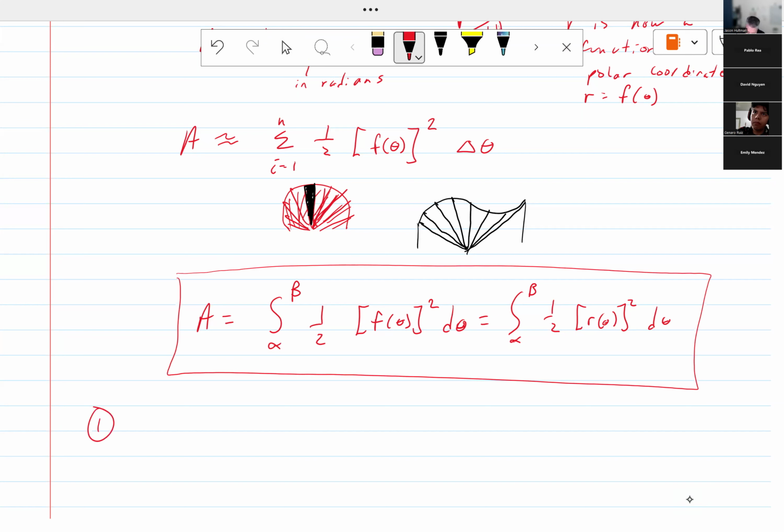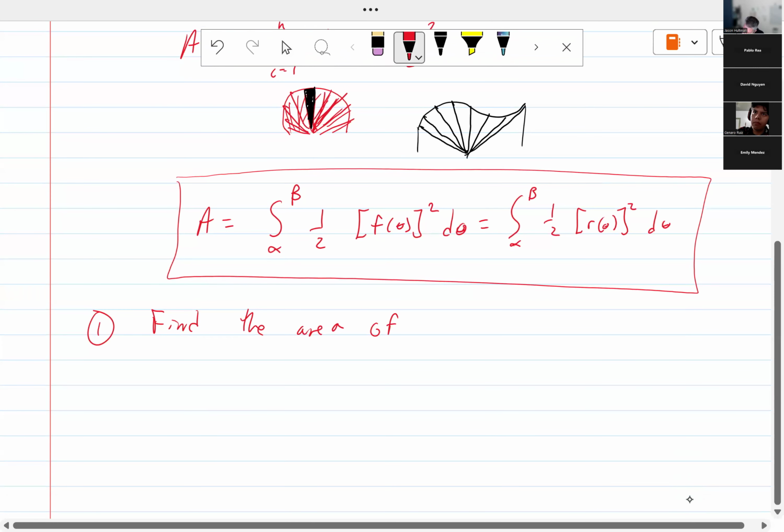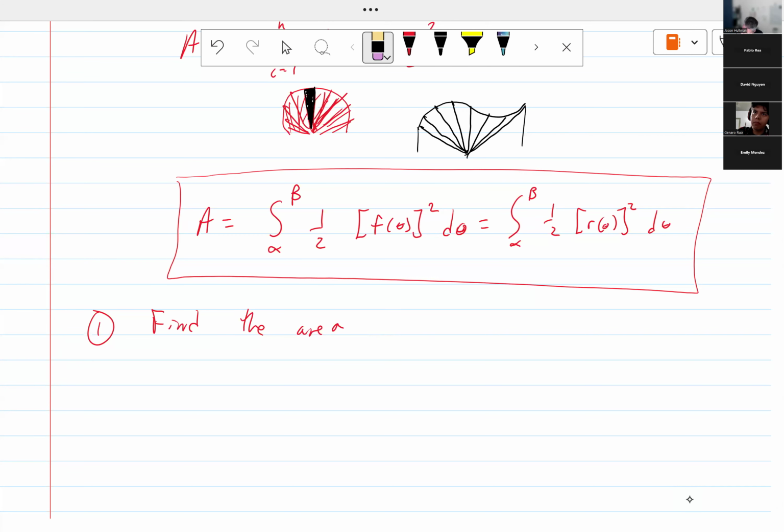Okay, so let's do an example with this. Let's find the area enclosed by one leaf or one loop.